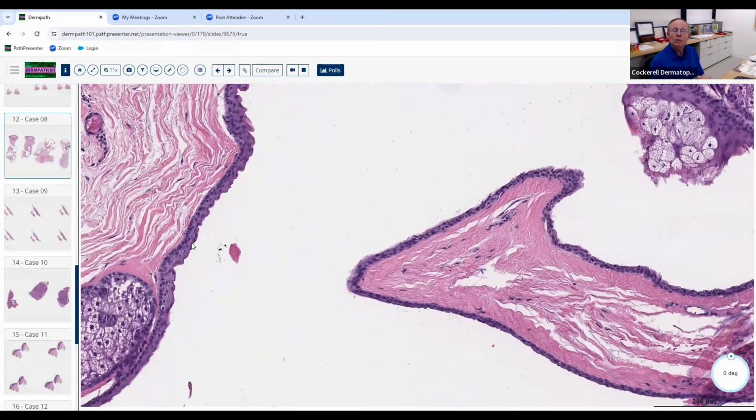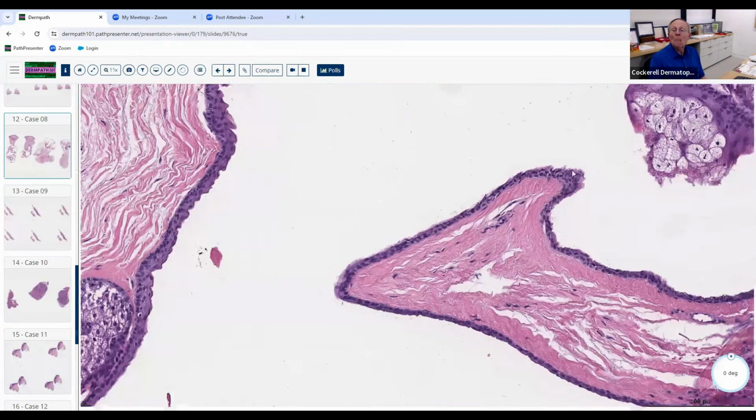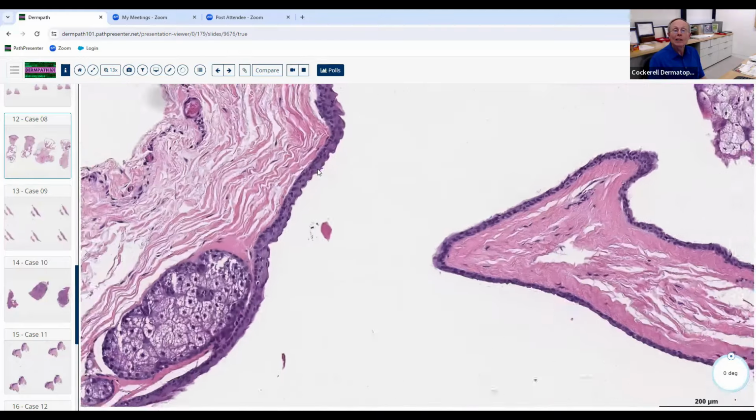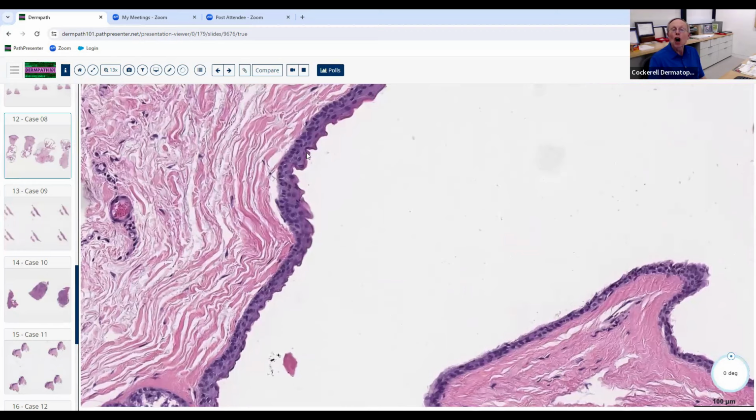So occasionally we'll see sebaceous and apocrine in the same adnexal neoplasm. So even though these probably aren't apocrine cells, it's possible that a couple of these really could be. But most of them have this corrugated lining. It's almost like a saw.